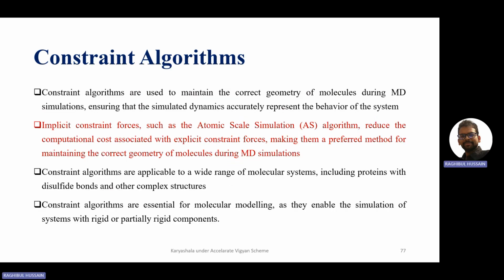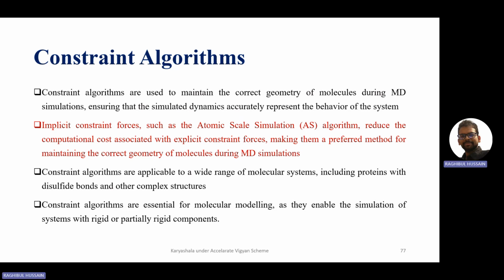Then we use some constraint algorithms to speed up the simulation process, and these are collectively called constraint algorithms. Constraint algorithms are used to maintain the correct geometry of molecules during the molecular dynamics simulation, so that the simulation accurately represents the behavior of the system.